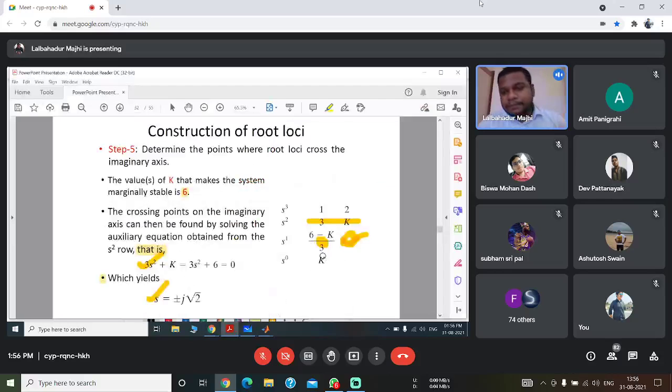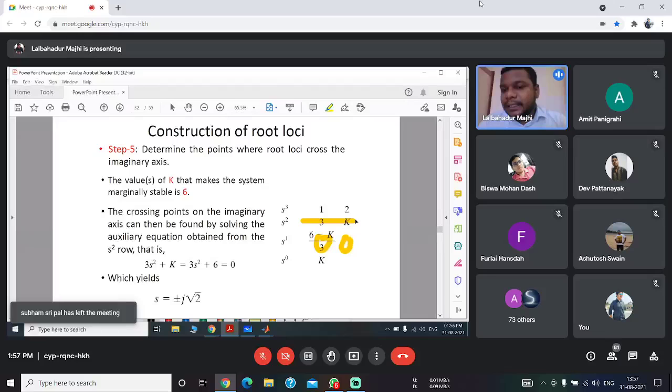Here it is 0, so for the value of gain k equal to 6, our system is marginally stable. If all the elements become 0, then we have to solve by taking the auxiliary equation. This auxiliary equation is 3s square plus k. For the value of gain k equal to 6, we get a marginally stable system.